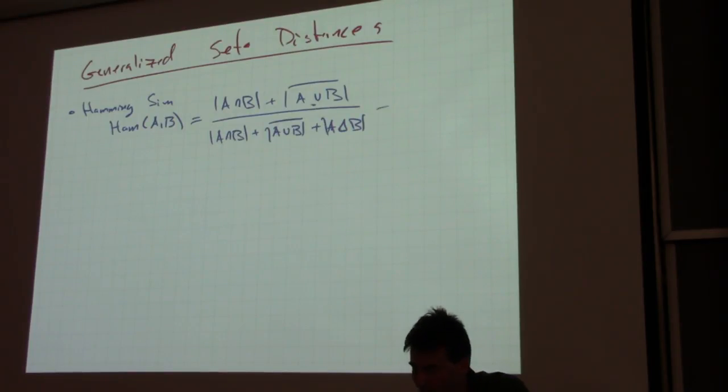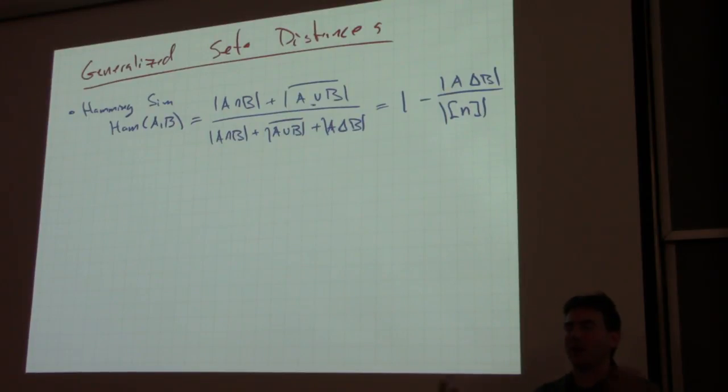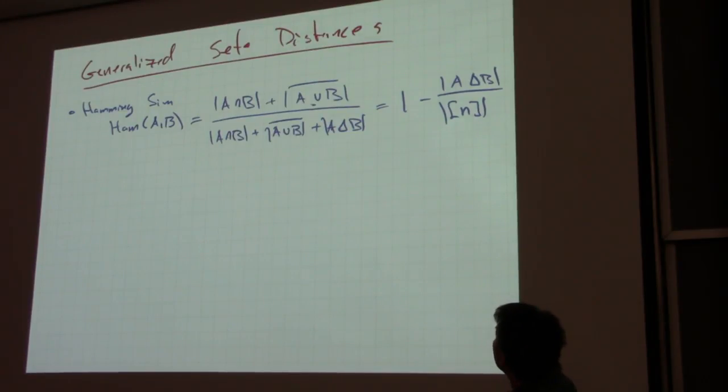And you can rewrite this as 1 minus the size of A symmetric difference B, divided by the size of the domain. So there's some domain that all the data sets come from, and that's of size n. So this is just 1 minus the symmetric difference of A and B, divided by n.